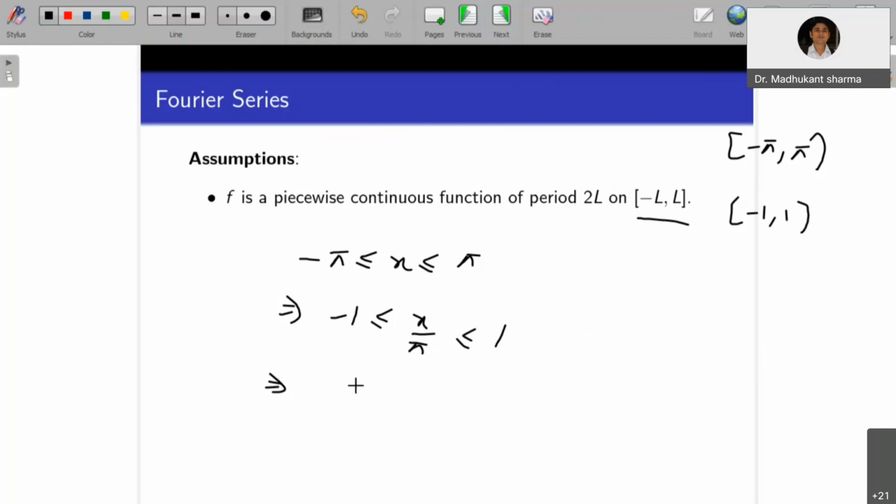So minus L less than or equal to xL by pi less than or equal to capital L. So whenever x lies between minus pi to pi, xL by pi will lie between minus L to L.